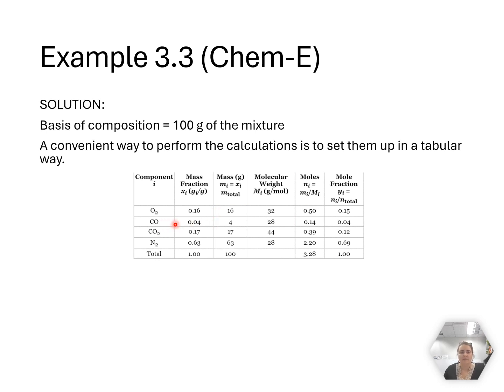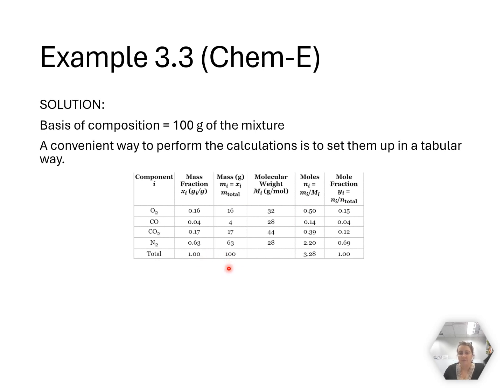If we have 0.04, right, and there's 100 grams total, well, that means that 4 grams of that total sample are carbon monoxide. And we can do this for the next two gases, and when we add them all up, we should get 100. Now what this has done is translated mass fraction to mass.